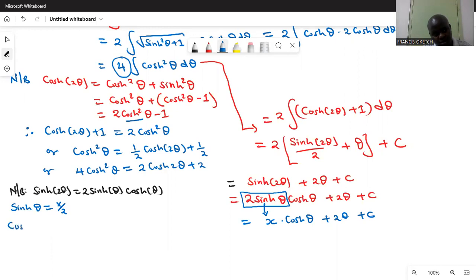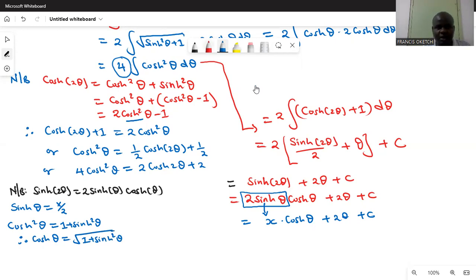Cos hyperbolic squared theta is the same as 1 plus sine hyperbolic squared theta. Therefore, cos hyperbolic of theta is simply the square root of 1 plus sine hyperbolic squared theta.